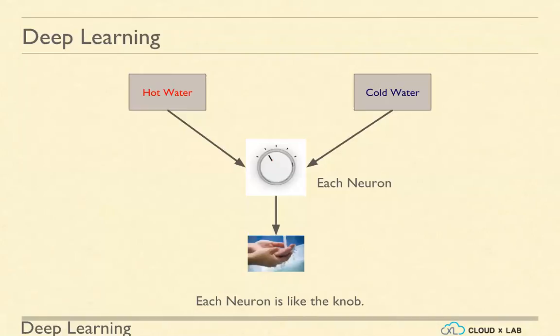The third one, there could be another knob that is adjusting between black and white, the color. There could be another knob that could be adjusting between, say, the red color and green color.